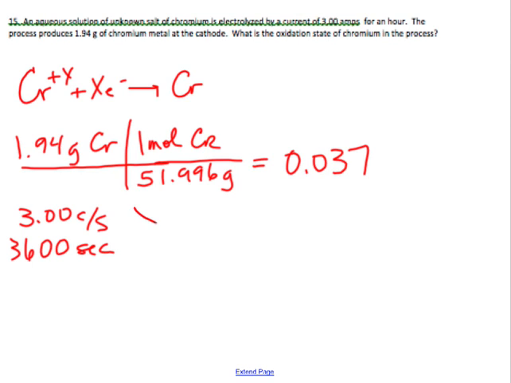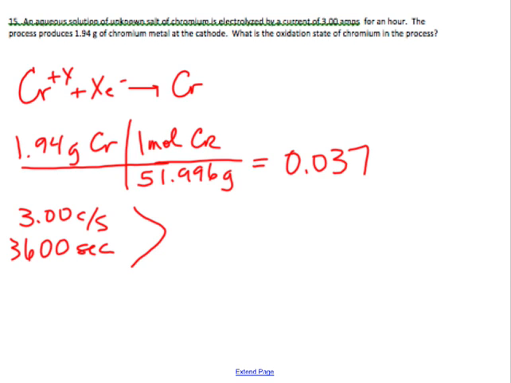What can we find from this? There's something really important we can find from that. Coulombs? No, we got the time. Coulombs is known. Say it louder. Moles of electrons. Can't you find moles of electrons from that?